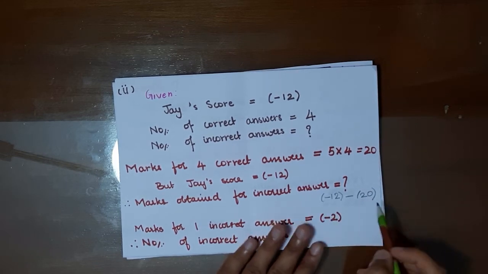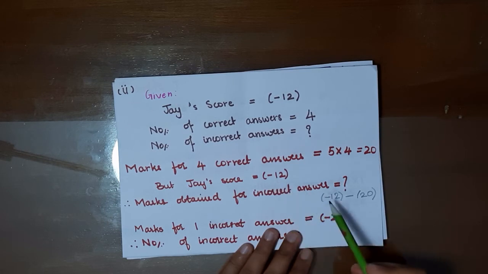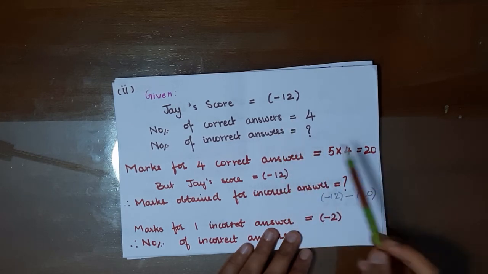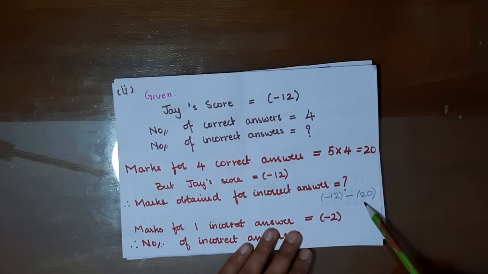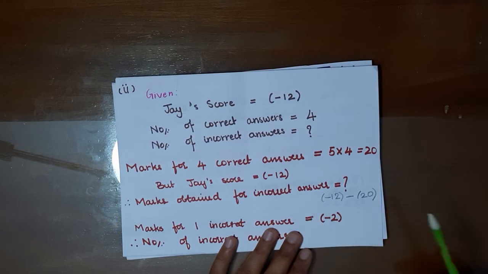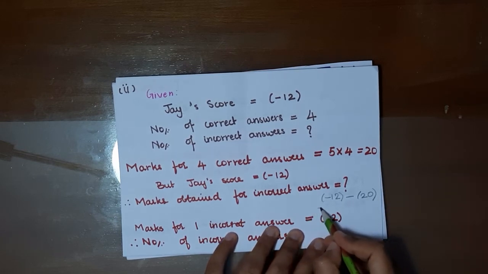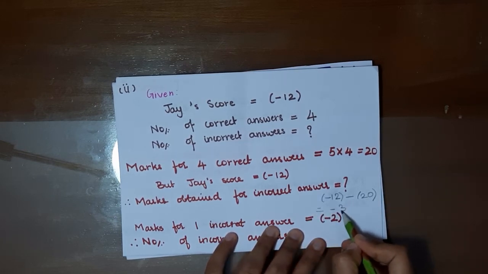How did I get this? Minus 12 is the total score, Jay's total score that they have given, minus the score for the correct answers gives you the score for the incorrect answers, which is equal to minus 32.